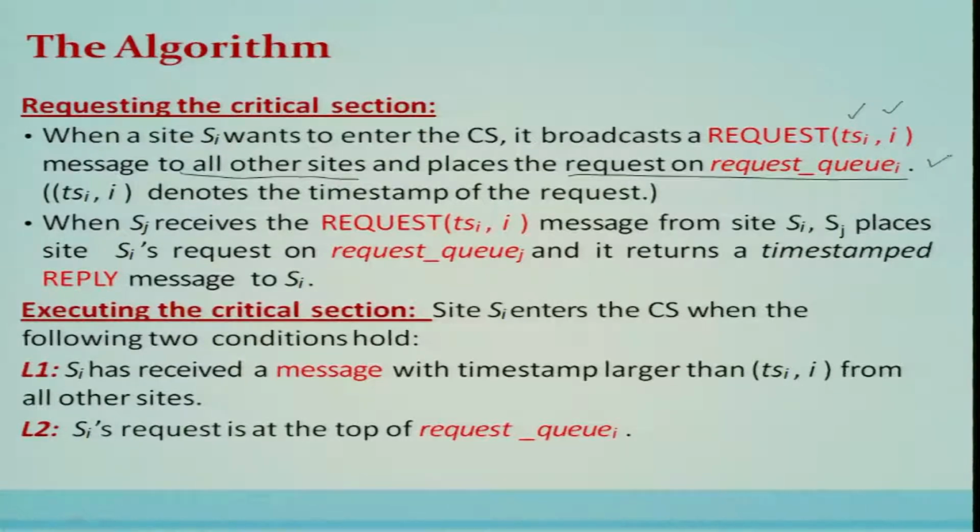Now, when a site Sj receives this request message from Si, Sj places Si's request on its request queue, that is the request queue of j, and also returns a timestamped reply message back to Si.